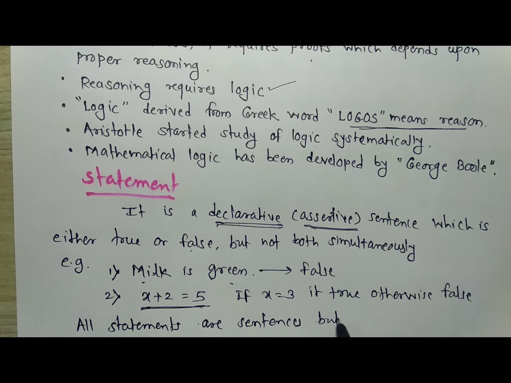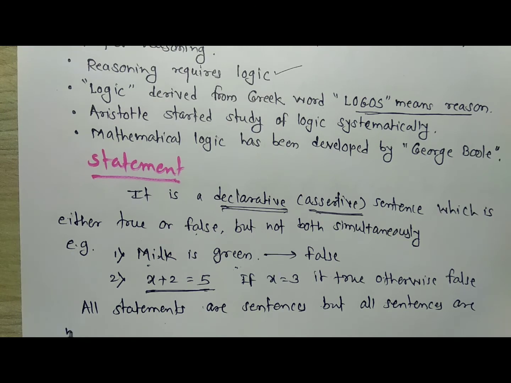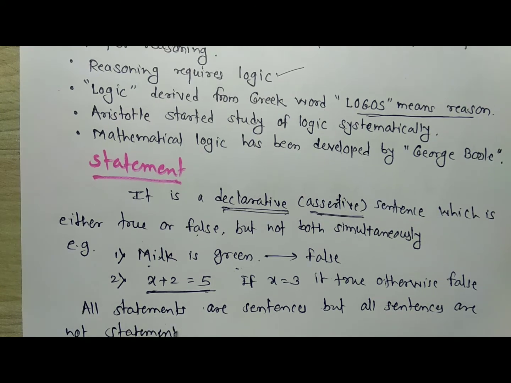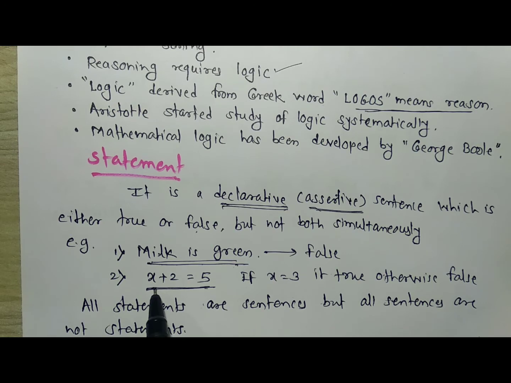but all sentences are not statements. Here, "milk is green" is a sentence as well as a statement. "x plus 2 is equal to 5" is a sentence but not a statement, because it depends on the condition.